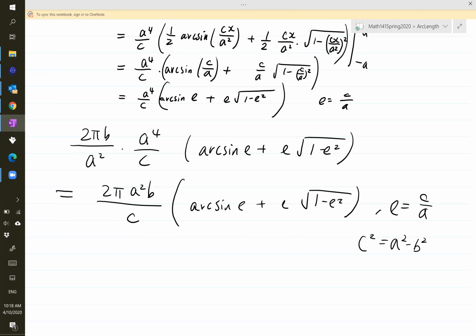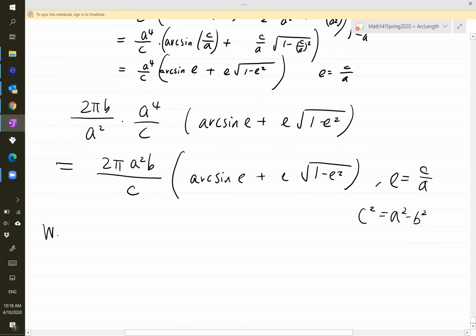This topic is actually a really good topic for a writing project. For the ellipse, if you want, try to write an essay, a writing project, on the arc length of an ellipse.